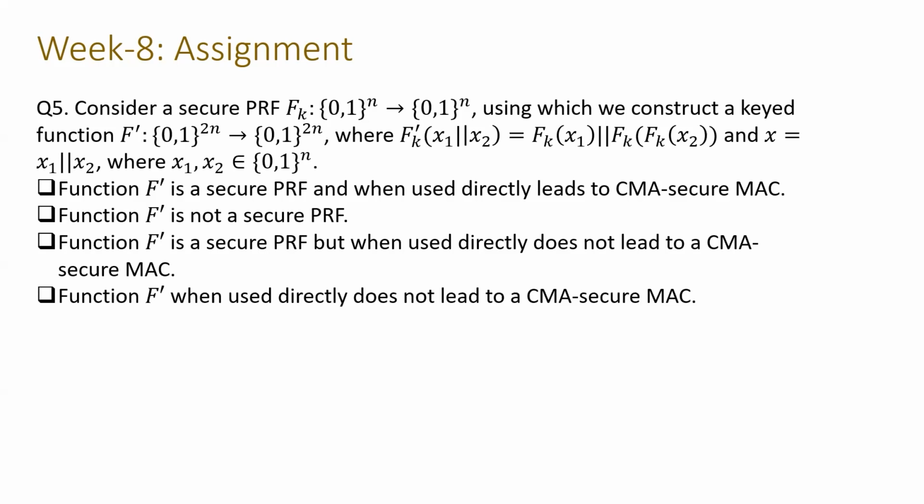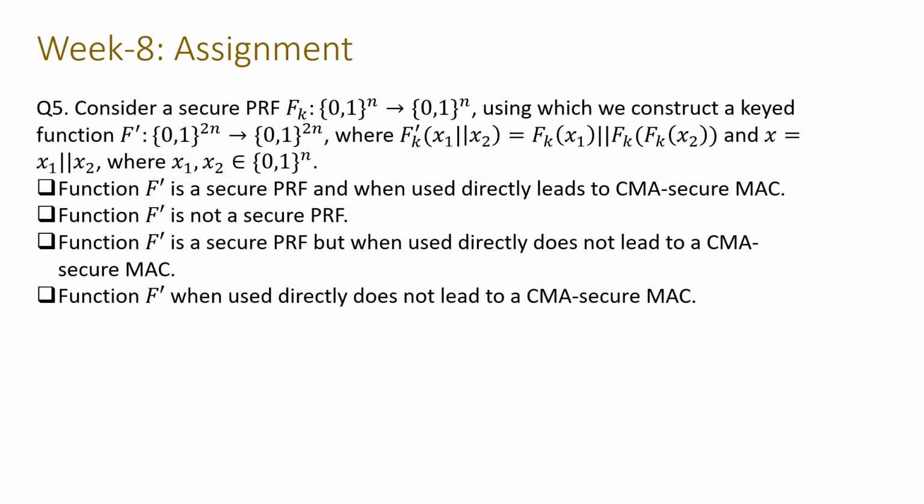If this match happens, that means with non-negligible probability the adversary is able to distinguish that it is actually interacting with a PRF. And if it turns out to be some random string, the response to x1 concatenated with x4, then it will conclude that it is interacting with a truly random function.